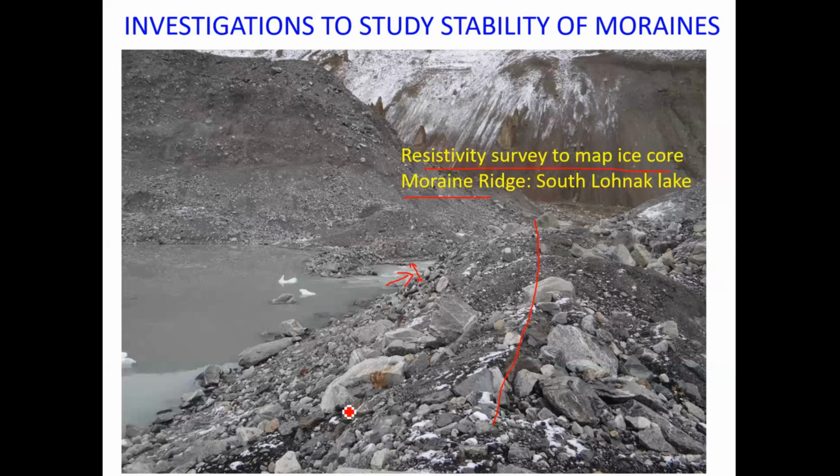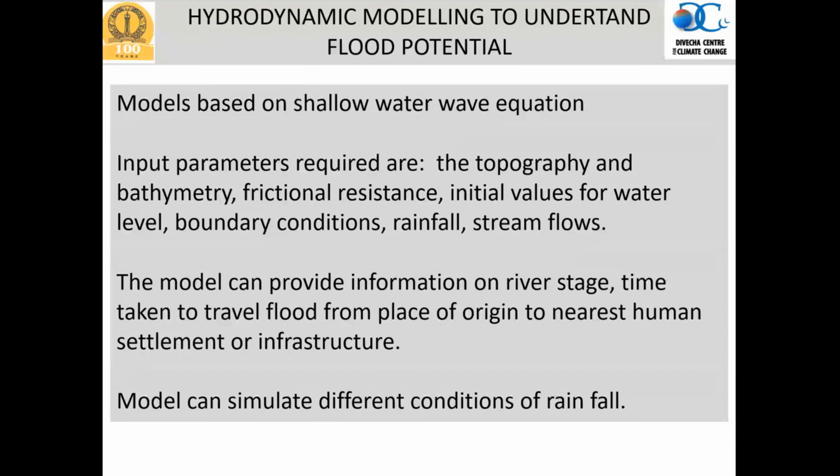You don't want to go till the ice moraine and then expose it, and then the ice will start melting, and eventually it is causing a catastrophic flood. So avoid that. We need to understand how much we can really expand or deepen this channel, which is very important for them.